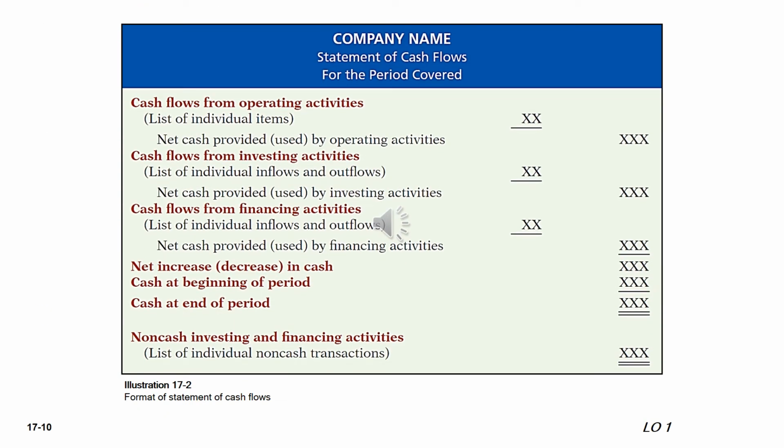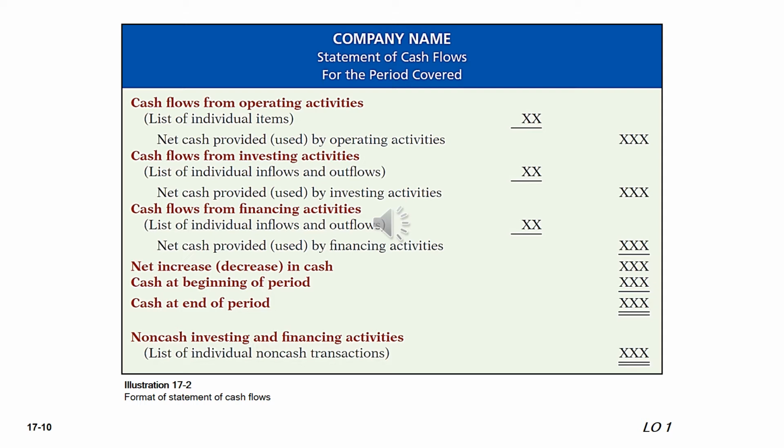Here's what a statement of cash flows typically would look like. This is the illustration that you could also find in your textbook that shows an example format of a statement of cash flows.